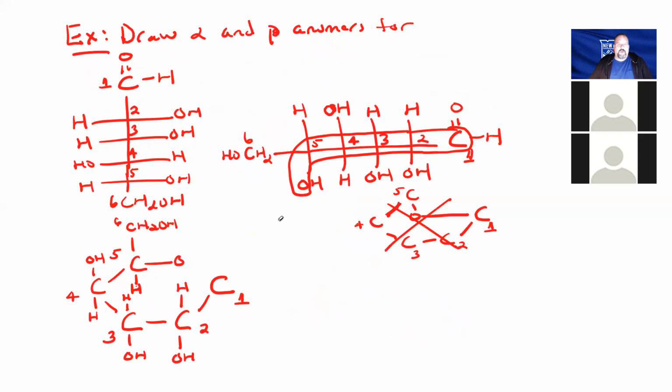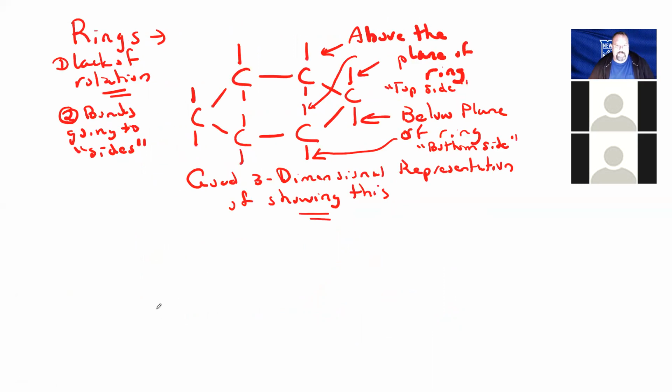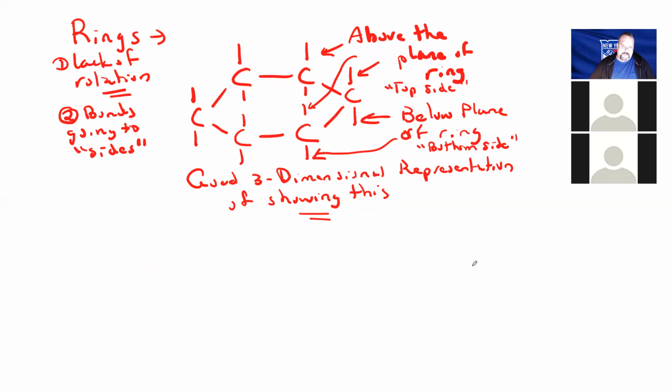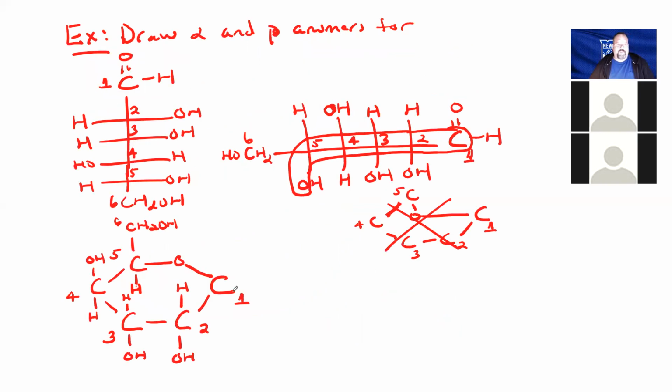So this hydrogen here is not going to be there when the ring forms. Now, where does that hydrogen essentially end up? Well, we talked about the fact that you can consider that hydrogen ending up on the former C double bond O oxygen.